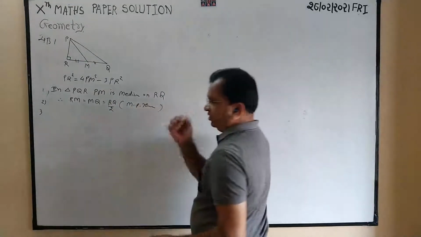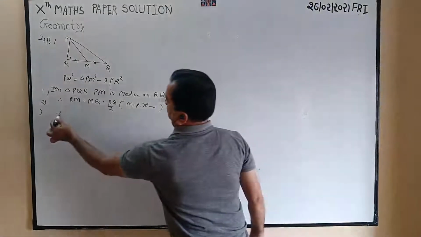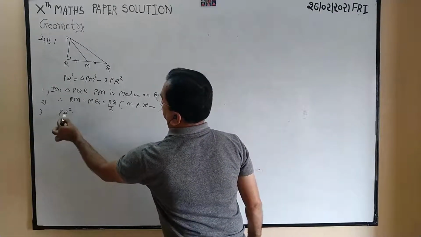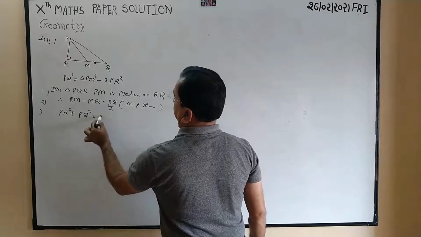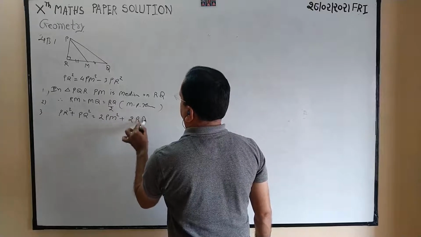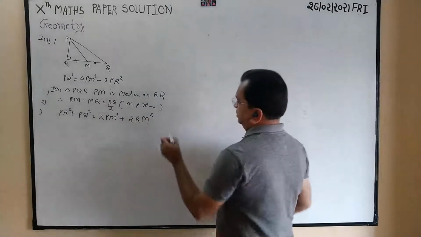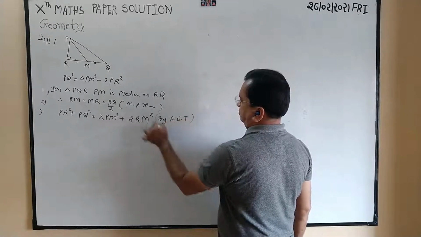By Apollonius theorem, it is not there in the syllabus, but you can use. So PR square plus PQ square is equal to 2PM square plus 2RM square by Apollonius theorem.